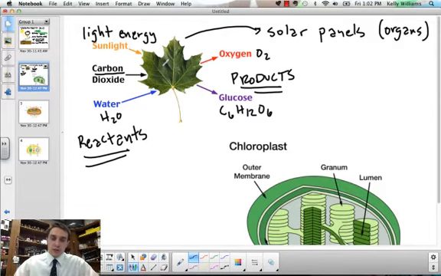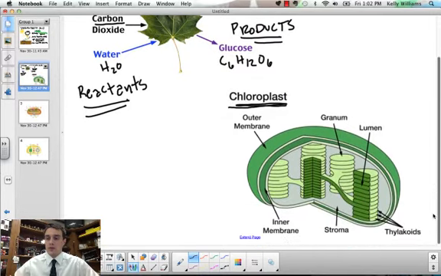Now, this leaf is composed of hundreds and hundreds of plant cells, and within those plant cells is that specific photosynthetic organelle known as the chloroplast. Chloroplast, that's an organelle found in the plant cells of a plant and really concentrated in the leaf organ.